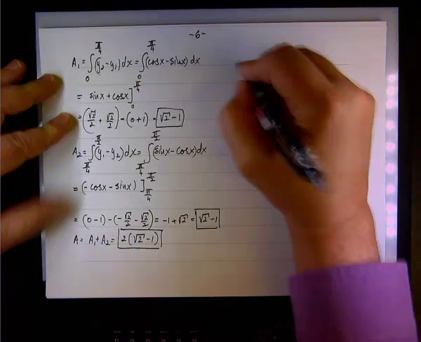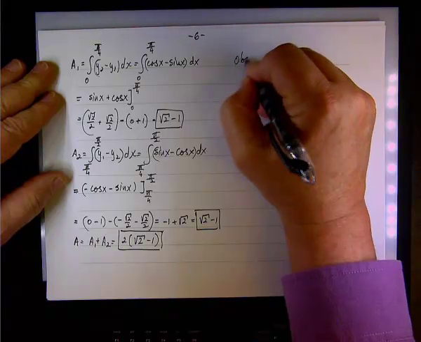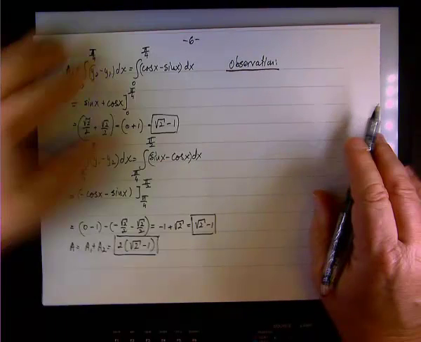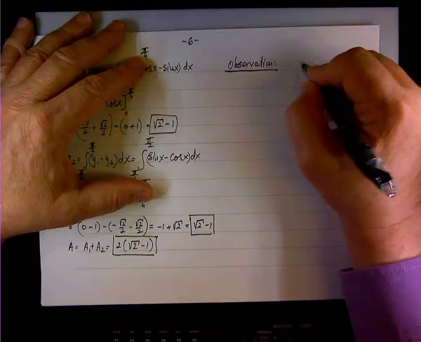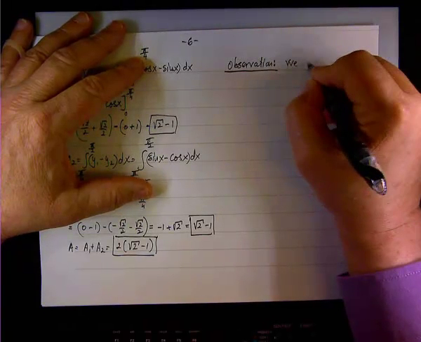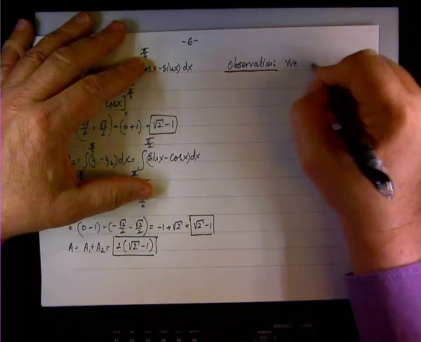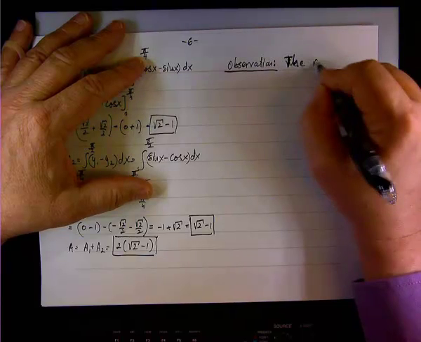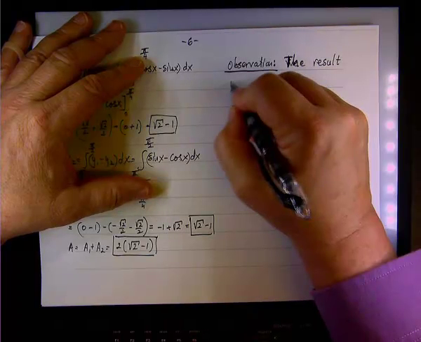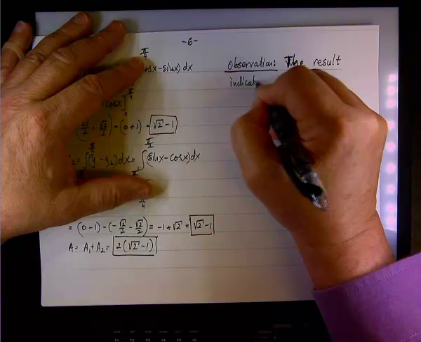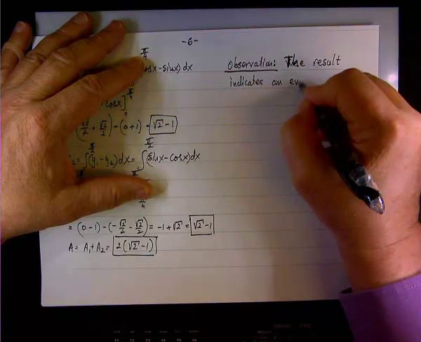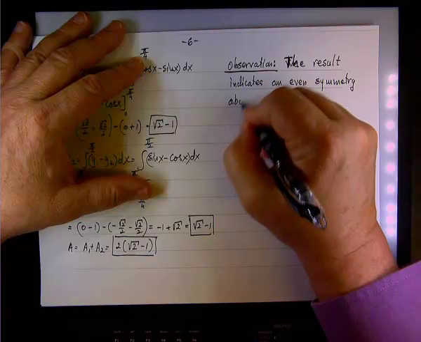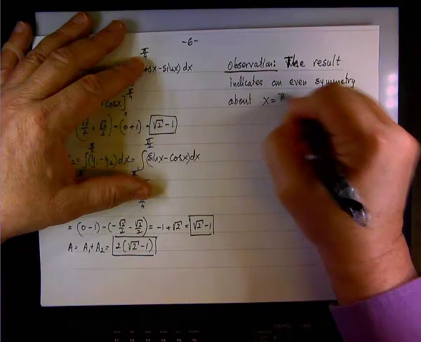Okay, so here's the observation. In this case, the result indicates an even symmetry about x equals pi over 4.